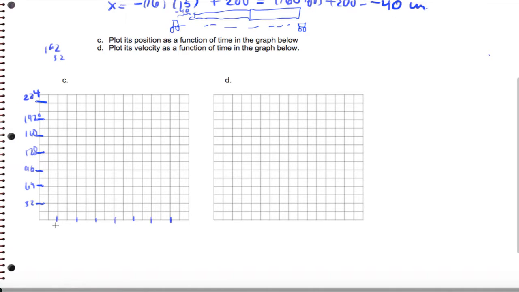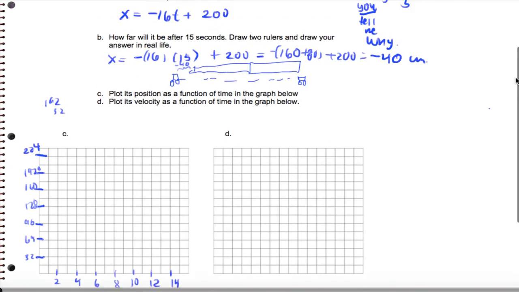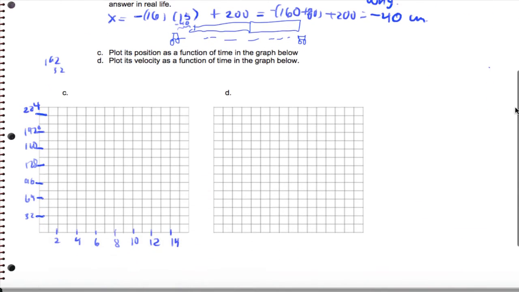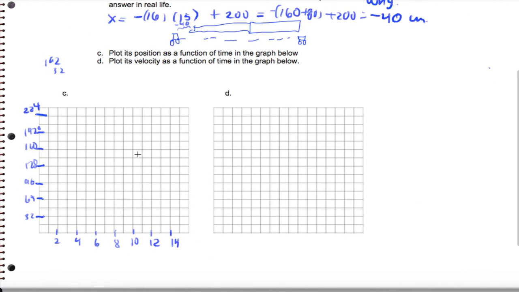How did I know how to come up with those tick marks? I've got to tell you, the real answer is experience. I don't have a good answer for you. I just lived the experience of doing these problems several times. So I know that here I'm going to go down 16 every second, and that means that a whole tick is 16 down here. Each of these squares is 16.